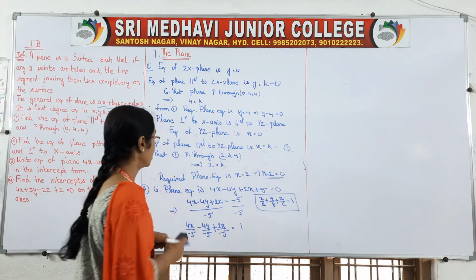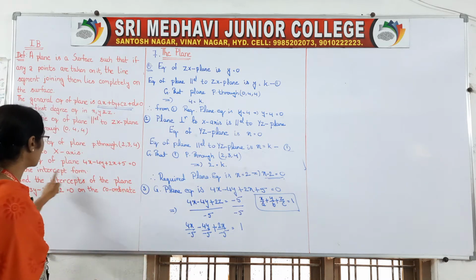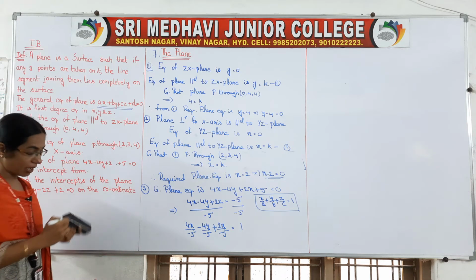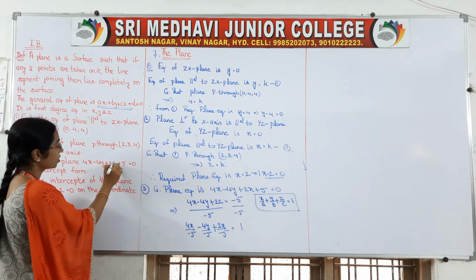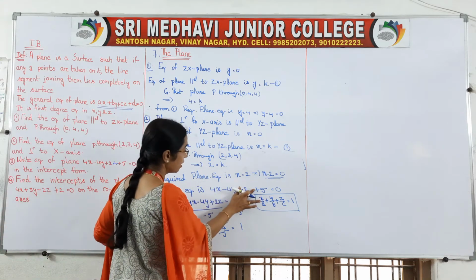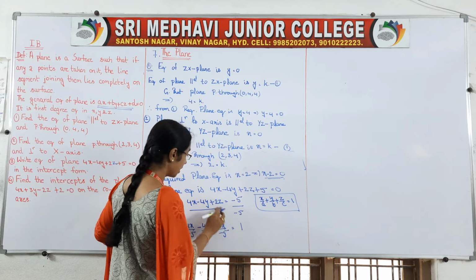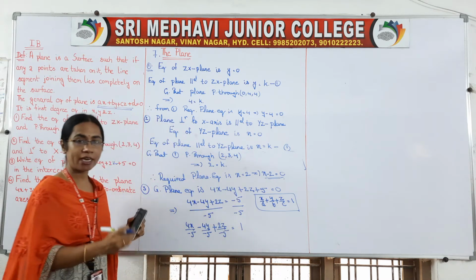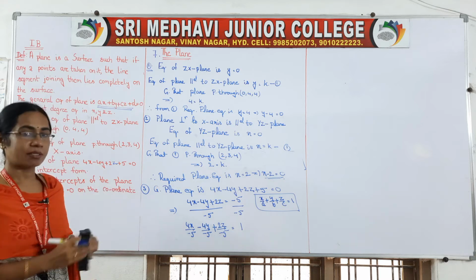It is a plane in x, y, z. See the equation we have taken, the question we have taken. So be careful and attentive while taking the question. It should be x term, y term, z term.